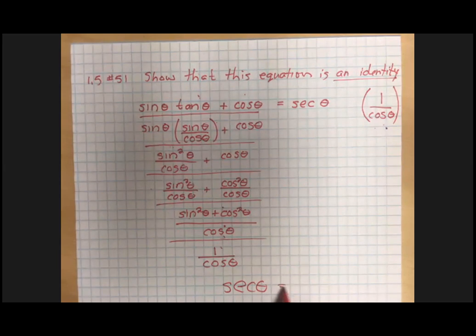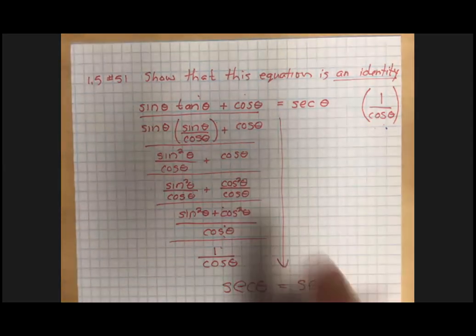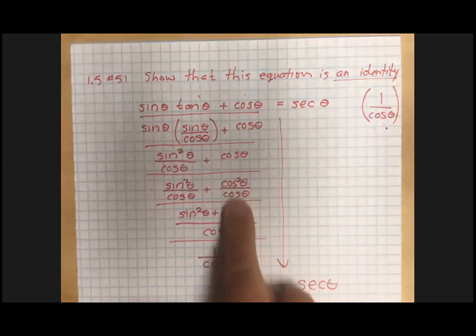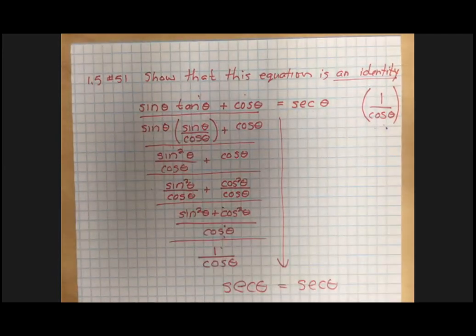So I've just made the two sides match. I've proved to you one step at a time that these were the same. And they didn't look the same at the beginning. This is called proving a trigonometric identity.